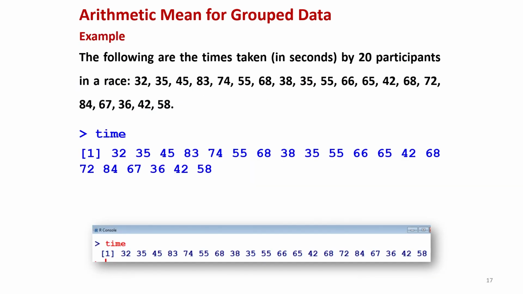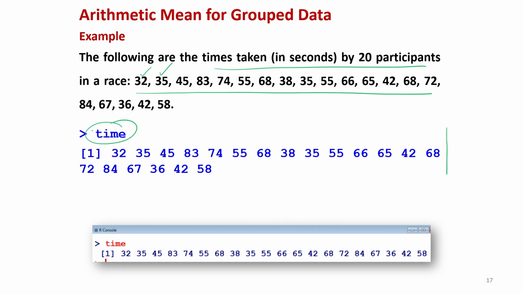So now let me take the same example which I took earlier for the discrete data. Now I will consider this data as continuous data. You can recall that we took the example where the time taken by 20 participants in completing a race is recorded in seconds, like 32 seconds, 35 seconds and so on, and this data is stored in a data vector time.